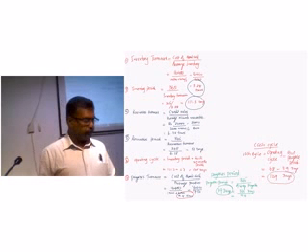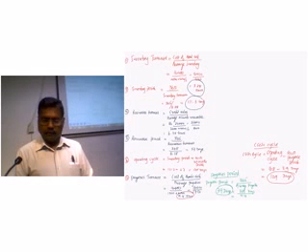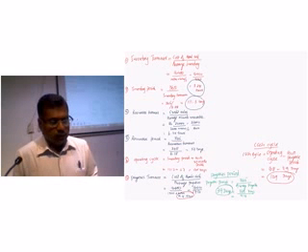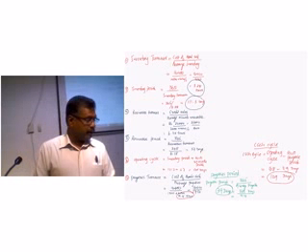So therefore cash cycle is equal to 168 minus 39 days. It's 129 days.